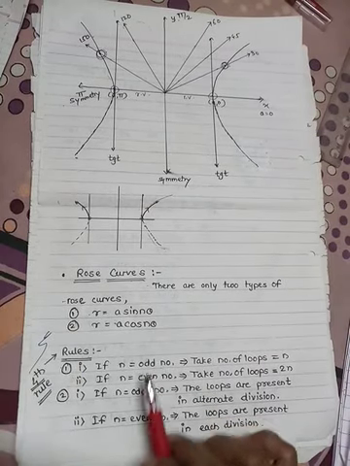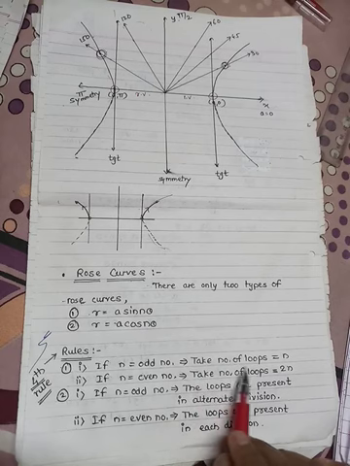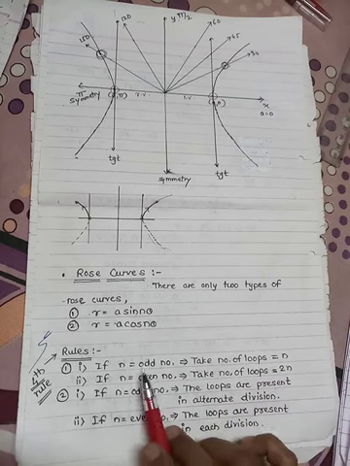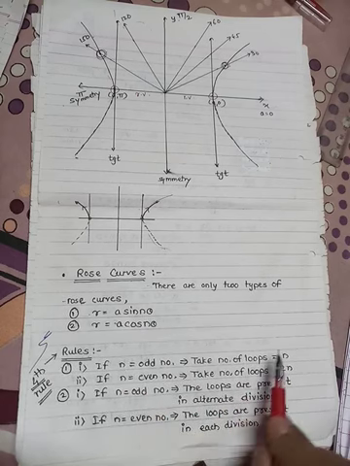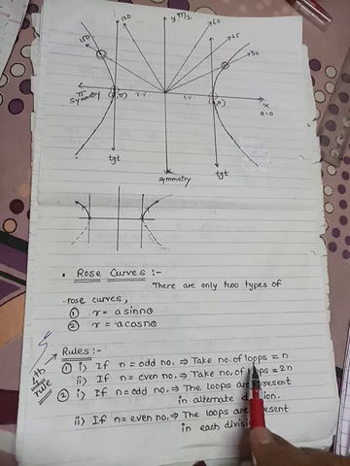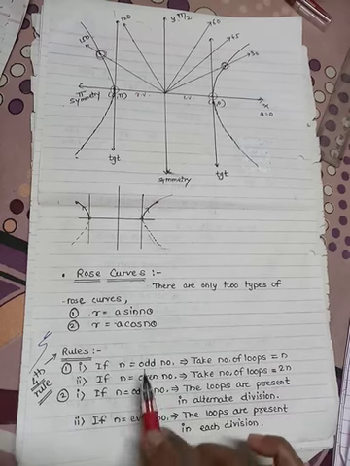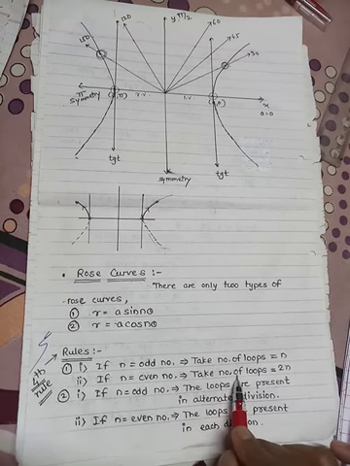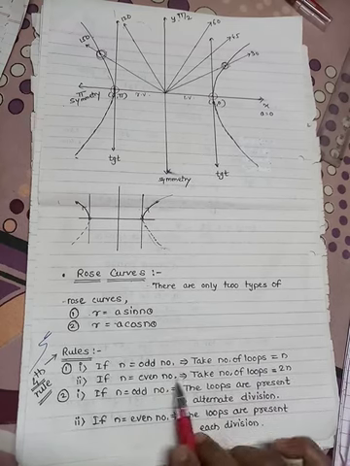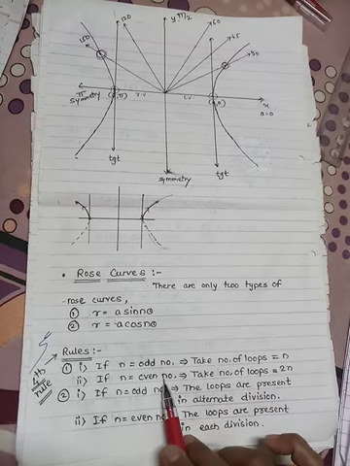Important condition: if n is an odd number, then we have to take number of loops equal to n only. That is, if n equals 3, then take number of loops equal to 3. If n equals 5, number of loops equal to 5, etc. If n is an even number, then take number of loops equal to 2n. So how to remember this? How will we get an even number? If we multiply 2 to any number, we will get an even number.